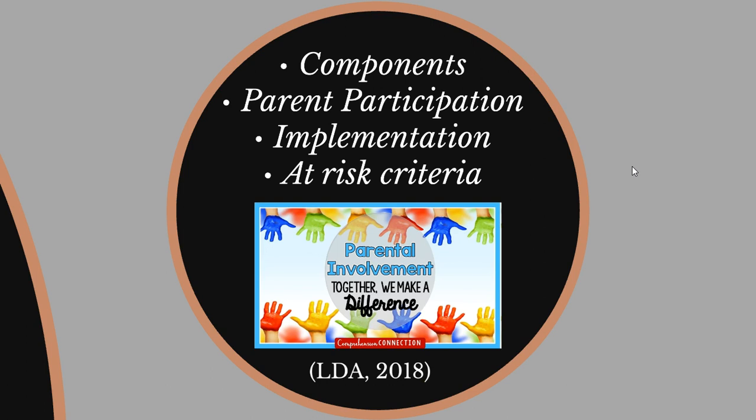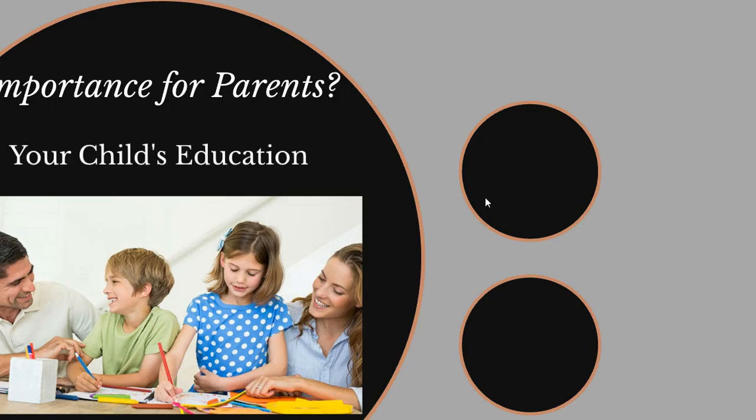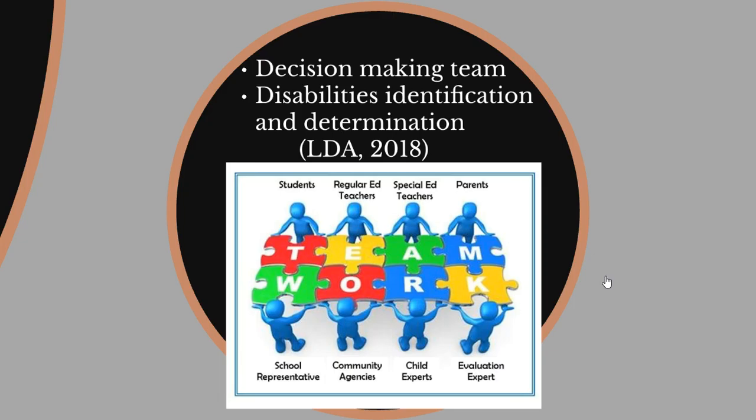And also ask how they will determine whether or not students qualify as being at risk. You should also ask who the decision-making team is composed of, and how they determine whether or not children qualify as having a disability under this model.